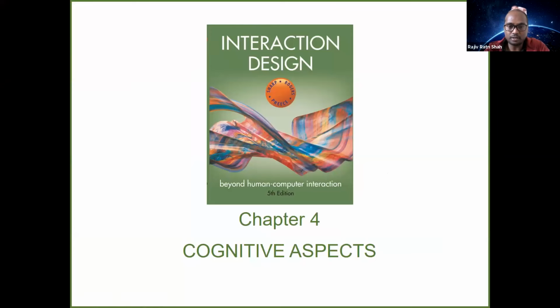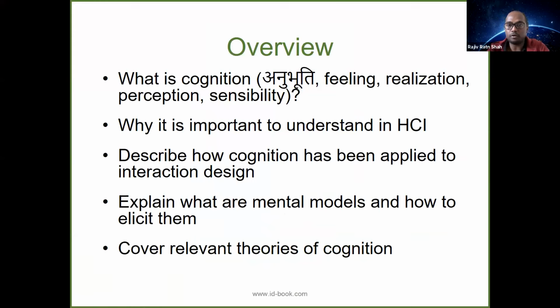In the last class, we discussed the cognitive aspect, how the mind processes and interprets information, which information is easier to follow and which is difficult. Why is it important to understand in this course? Because you are going to build interactive products, and for the success of any such project, you need to understand the limitations of human cognition and what is easy for humans to follow. That's why we need to consider that.